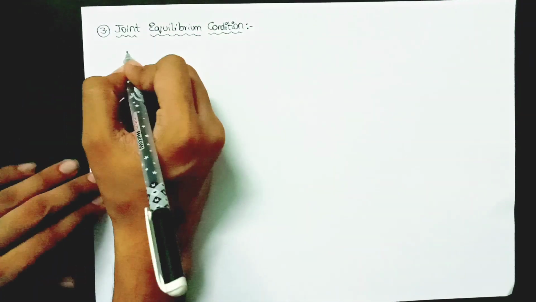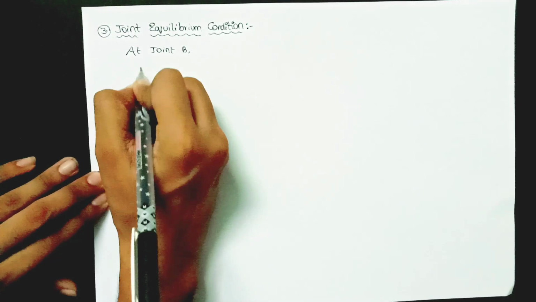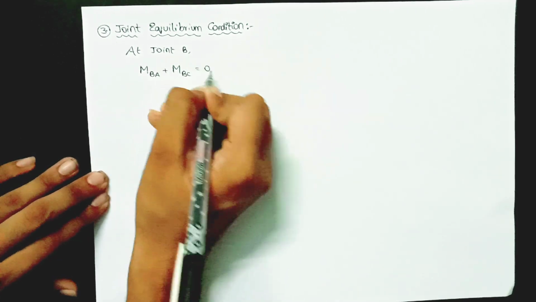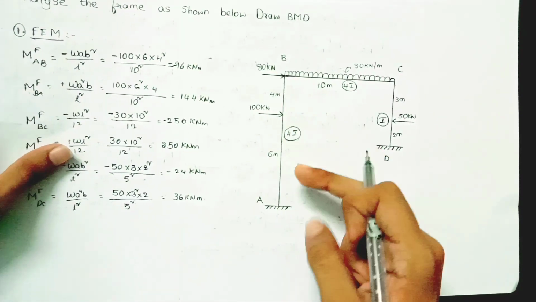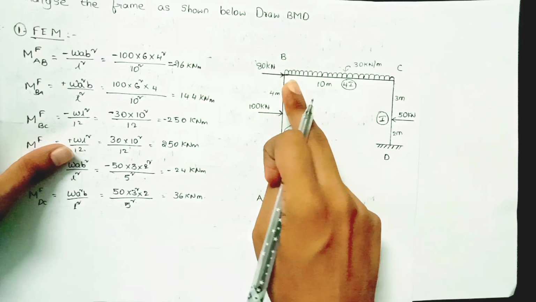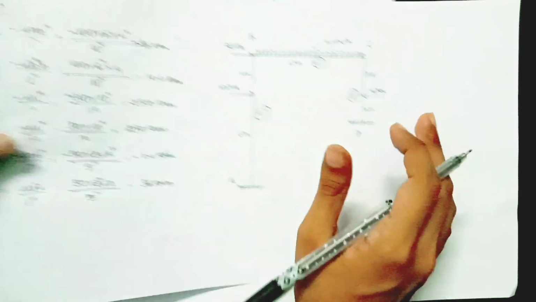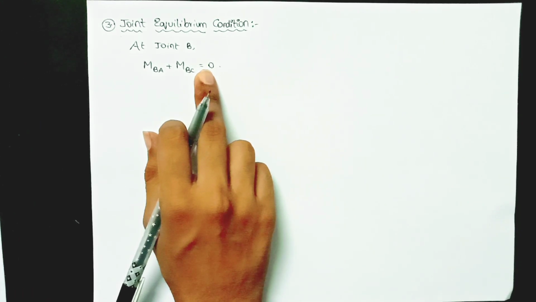So I am writing at joint B, moment in member BA plus moment in member BC should be equal to 0. This is the equilibrium condition. On adding both moments, I should finally get 0. Then only the equilibrium condition is satisfied.